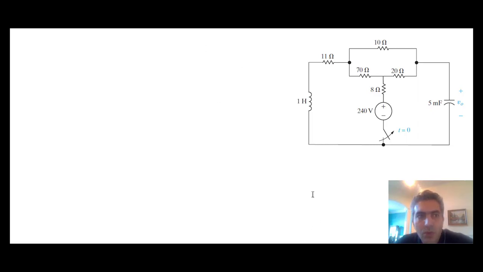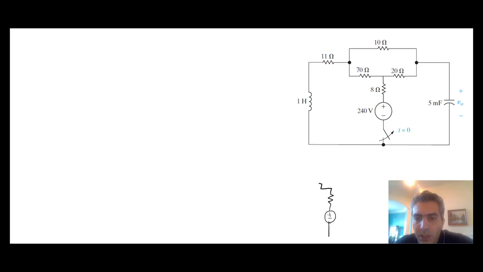Let's start from the source. So this is the source right here. And the switch is closed, so this is where the switch used to be. Then I'm going to draw the 8 ohm. This is the 8 ohm resistance.